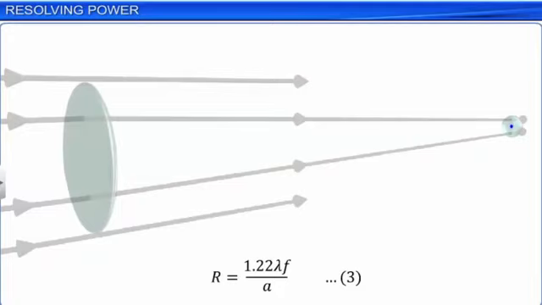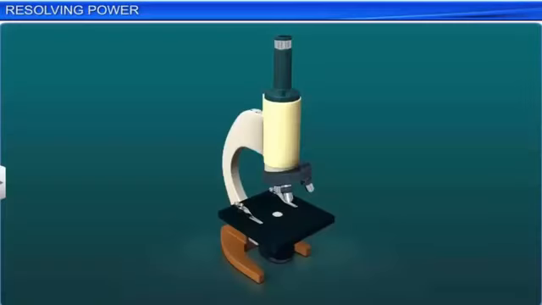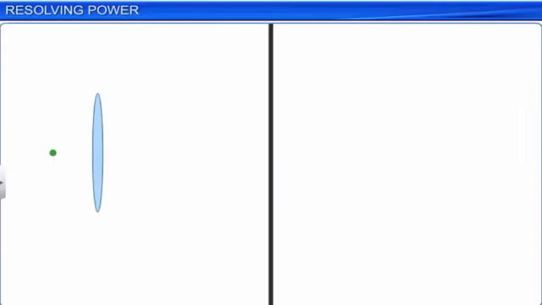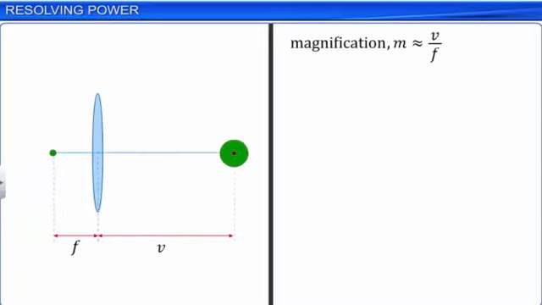In the case of a microscope, we place the viewing object very close to the objective lens. If f is the focal length of the objective lens, then the object is placed slightly beyond f. If a real image is formed at a distance of v, then the magnification m is approximately equal to v/f.